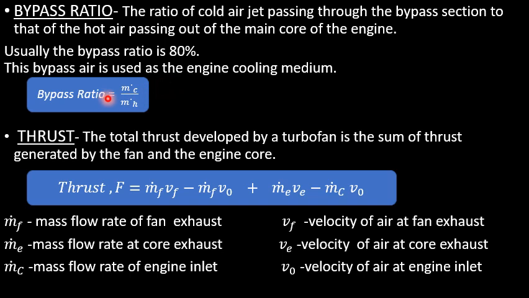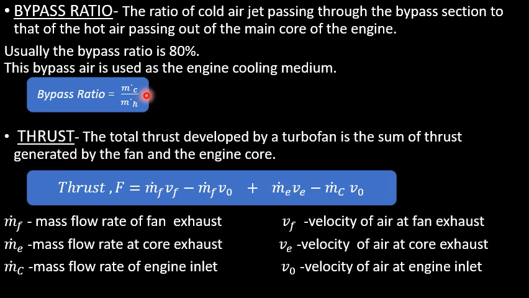So the bypass ratio is defined in terms of an equation. The bypass ratio can be explained as m dot c divided by m dot h, that is, the mass flow rate of the air passing through the bypass section to that of the main core of the engine.